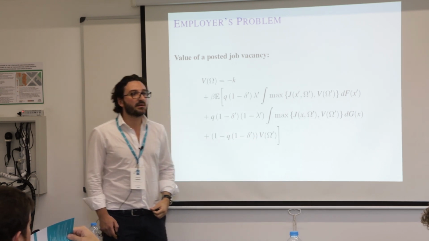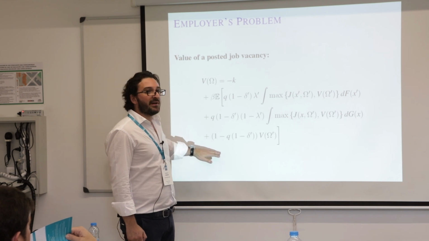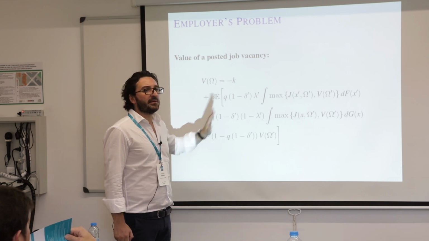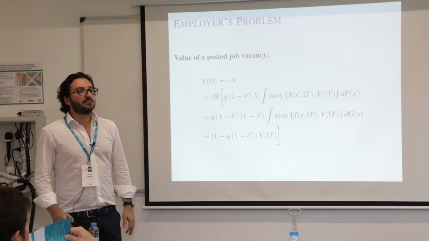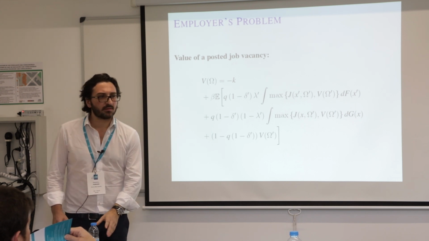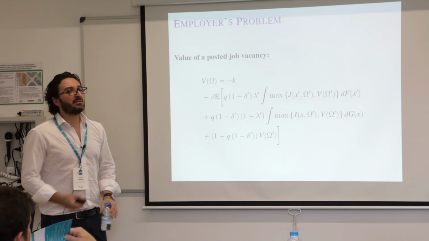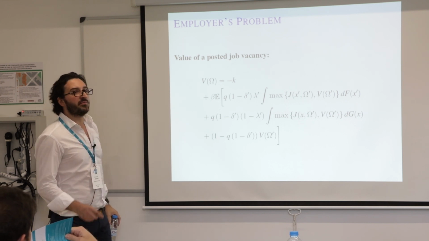Isn't that 0? Well, I'm going to assume that V is 0. It's an equilibrium condition. That's what I understand, but when you have the V of omega prime on the right side, I don't know why causing a vacancy today has to do with causing a vacancy tomorrow. But here, I'm describing the problem of the individual agent before imposing the equilibrium condition.